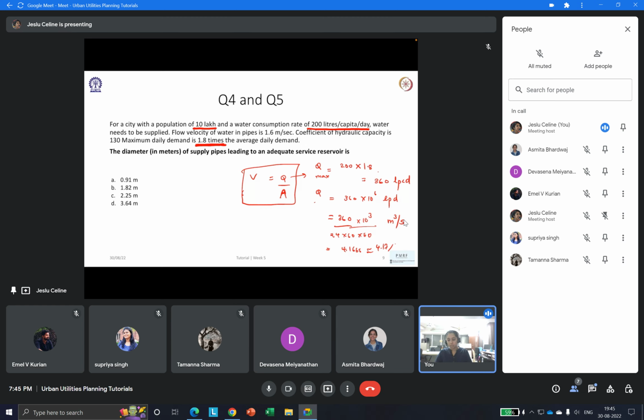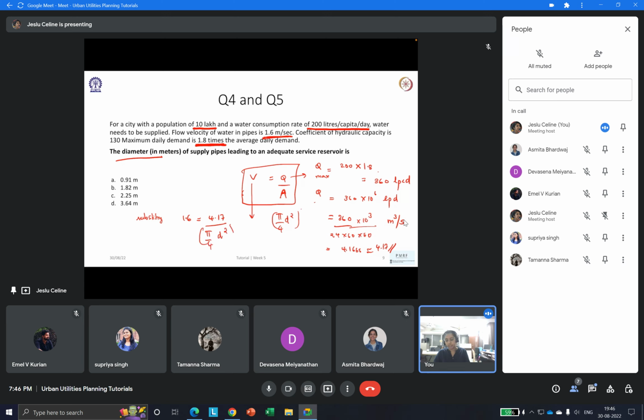Now what we have been asked to find is the diameter. So area we'll write as pi by 4 d square so that we can get d. And v, the velocity, is also given, 1.6 meter per second. So let's substitute the values. Substituting, we get 1.6 is equal to Q, 4.17, divided by pi by 4 d square.